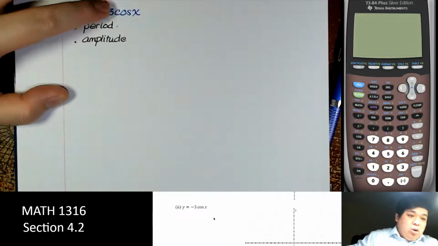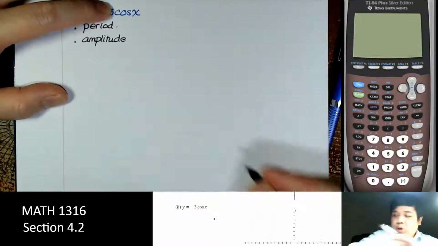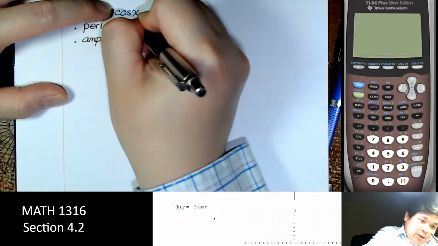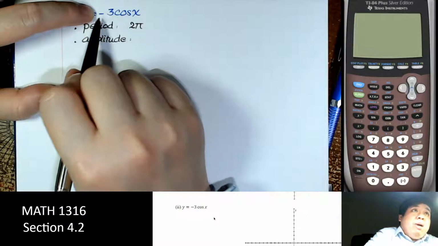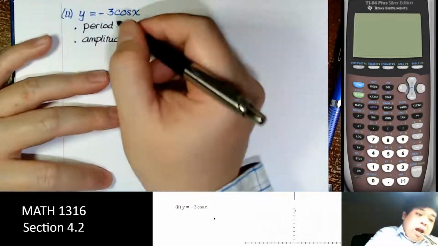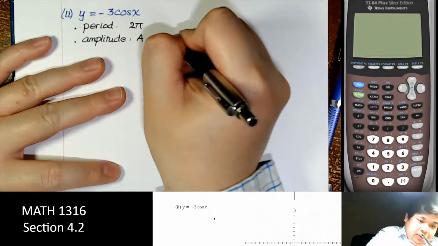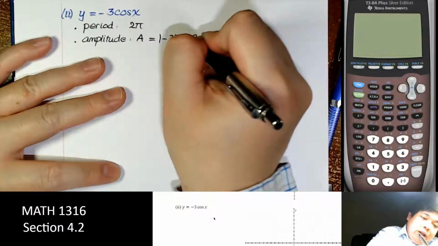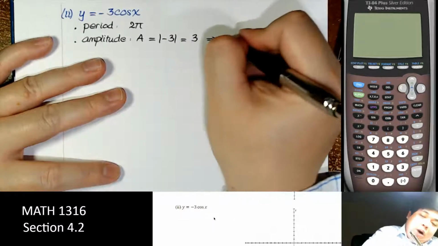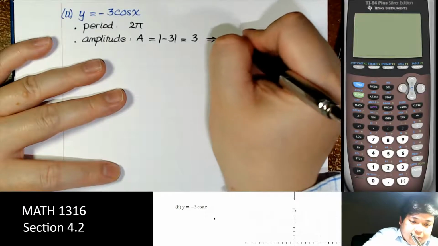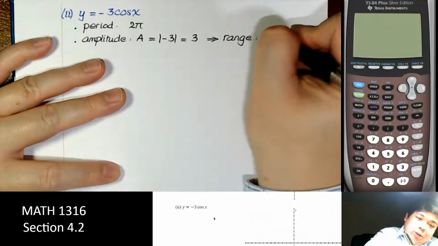Always, if we just have sine and cosine of x, the period is going to be 2 pi. The amplitude will be the absolute value of this number. Notice that the amplitude has to be positive, so it's going to be 3 instead of negative 3. Because of that, the range will be between negative 3 and 3.